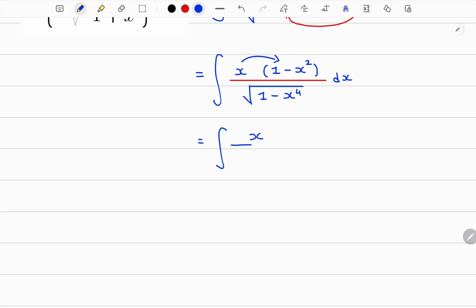x upon under root 1 minus x raised to 4 minus x cube upon under root 1 minus x raised to 4 dx.